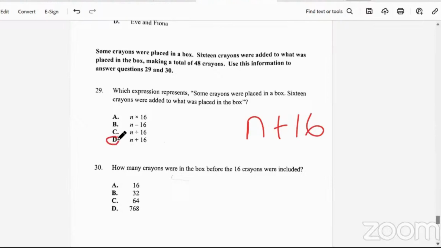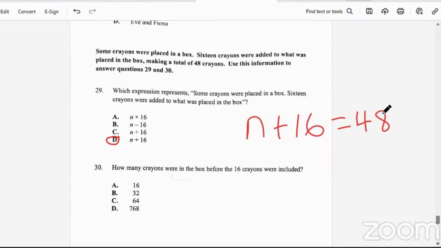Now it says how many crayons were in the box before the 16 crayons were included. We'll go back to the information that was there. Some crayons were placed in a box, 16 crayons were added to what was placed in the box, making a total of 48. So N plus 16 equals 48. How do we now find the number of crayons that were in there before? We would subtract 16 from the 48 to see what the difference is.